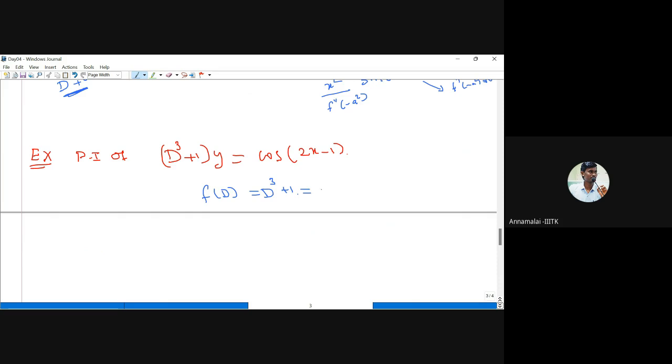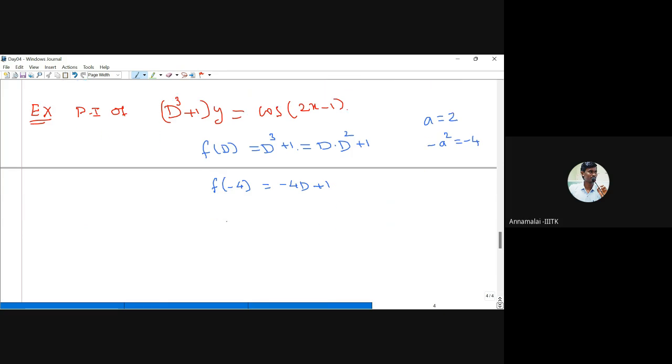D cube can be written as D into D square, and we are going to substitute D square equal to minus 4, right? That is why we can factor it. Here a is 2, therefore minus a square is minus 4. So f of D becomes minus 4D plus 1.